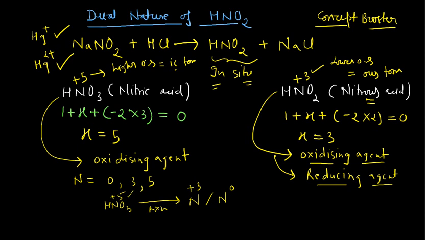It does not matter whether it reduces to plus 3 or 0, it is always undergoing reduction. When it is undergoing reduction, that means it can act as the oxidizing agent. So that is why it has only one nature, the oxidizing agent, and that would be a very strong oxidizing agent nature.